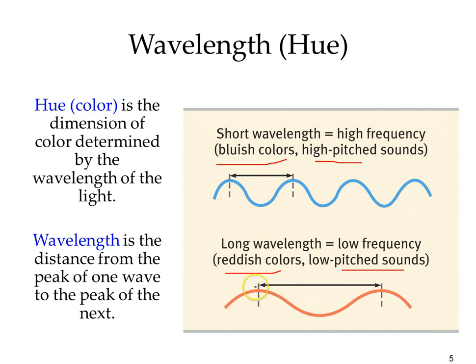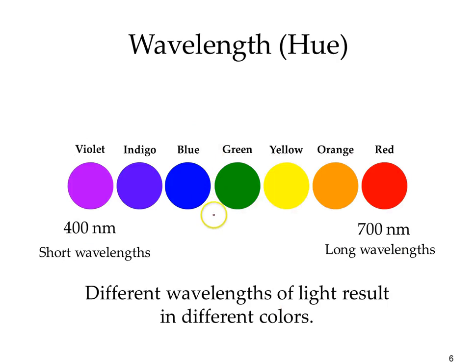The wavelength is from peak to peak, right? And these wavelengths are determined by the distances that are here. So hue: different wavelengths, different hues, right? That's how we see the different colors.